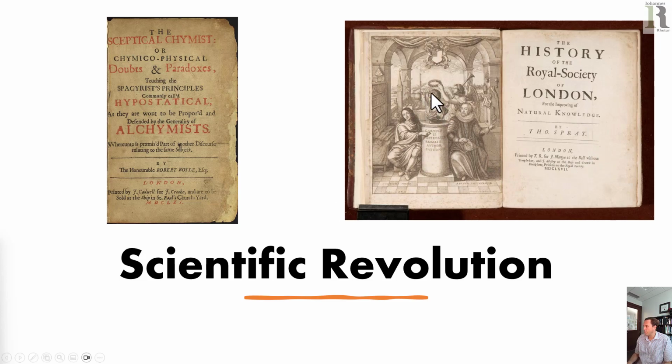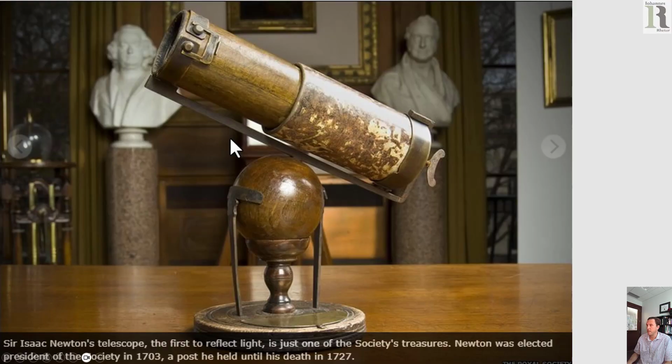There's Charles being crowned by all these science guys around him for being the patron of all this scientific research. Here is the first edition of Robert Boyle's Skeptical Chemist, a very, very important text in the history of science. Here's Isaac Newton's telescope, to be found at the Royal Society in London.